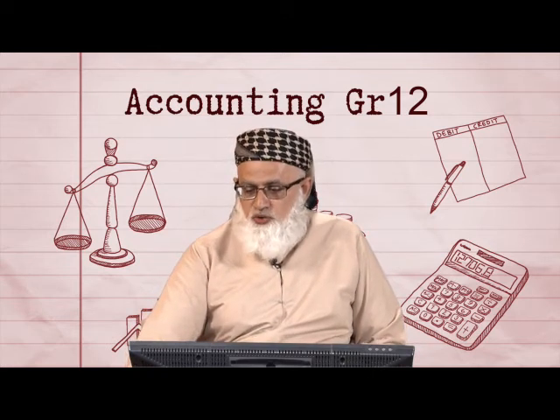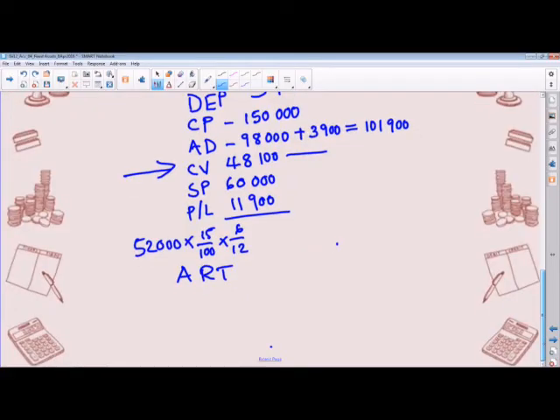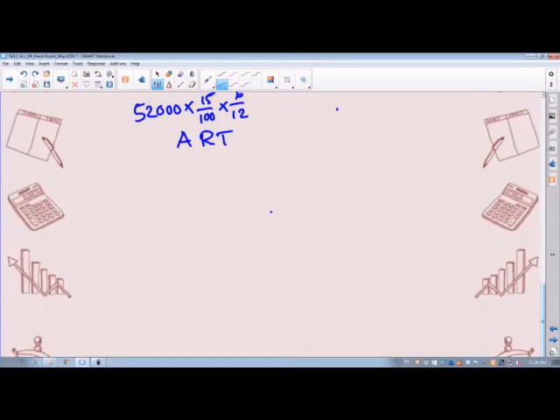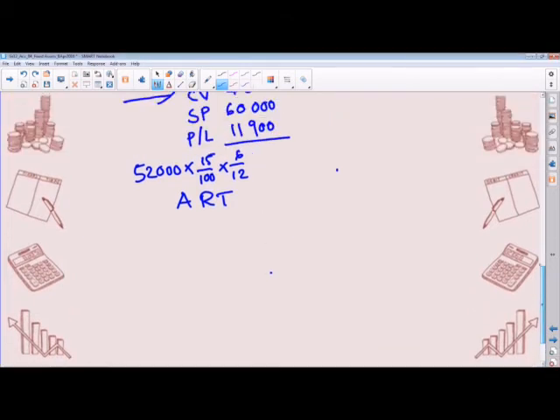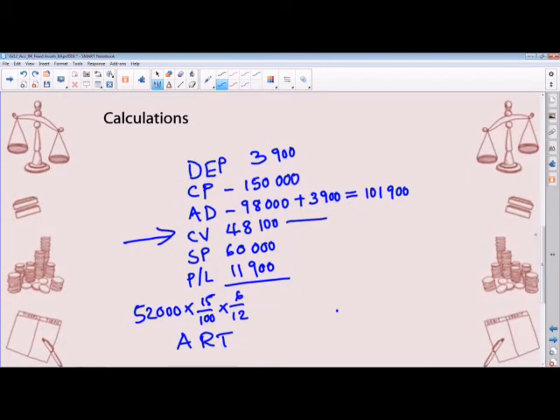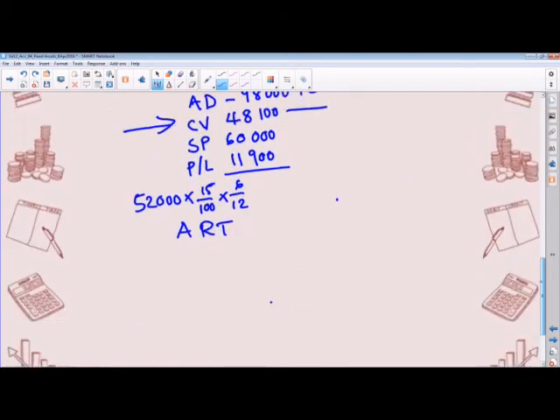Okay, coming back to that depreciation now. Let's continue with our calculation. Okay, what do we want? We are told that we have to calculate the depreciation of the other two components. Here, we calculated the depreciation of the sold vehicle. You recall? Now we go to unsold.